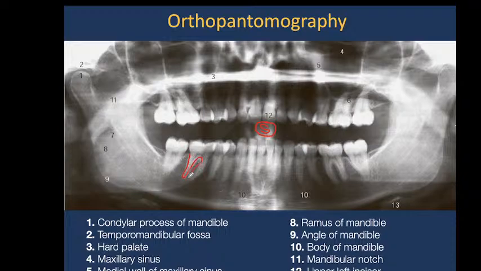Every tooth is visible, the radix and other parts of these organs. Mostly such examination is used by dentists when they examine a patient firstly. Usually they take such a common method called orthopantomography.